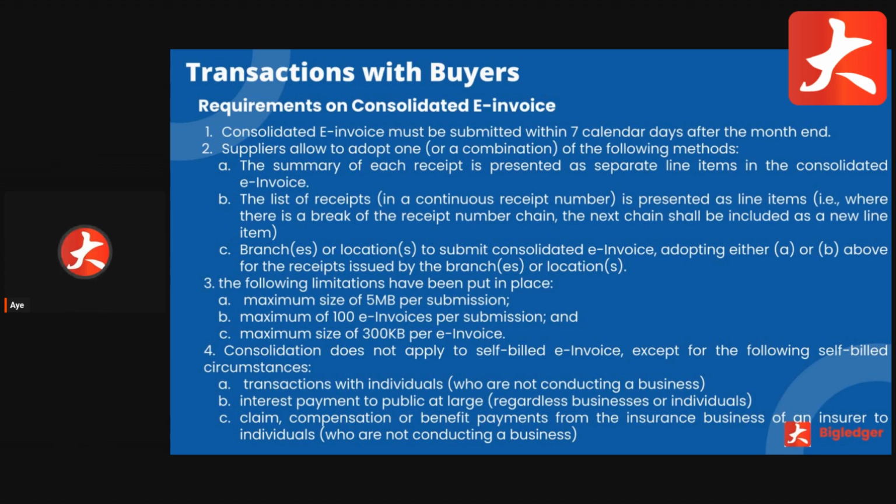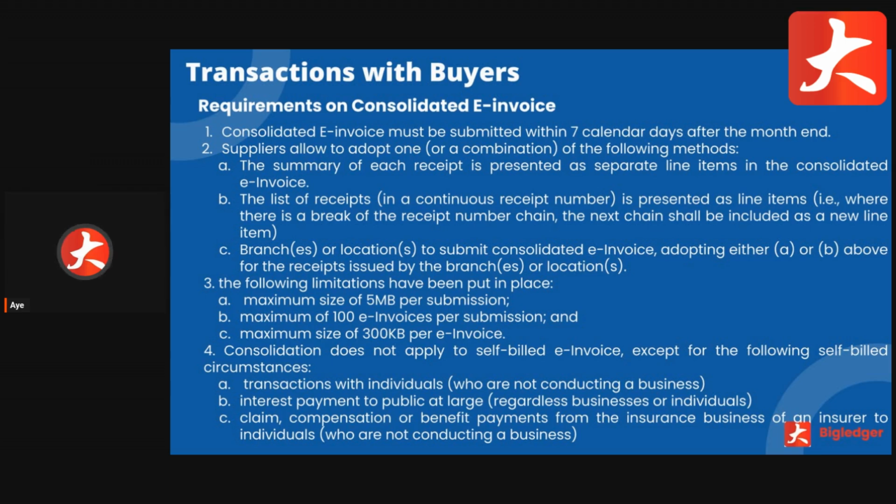One is they can put their receipt number as separate lines in the consolidated e-invoice. So each line you need to put one invoice or one receipt number for the description, and then quantity will be 1. The amount will be the total amount of that receipt. Okay, so one line, one receipt number.